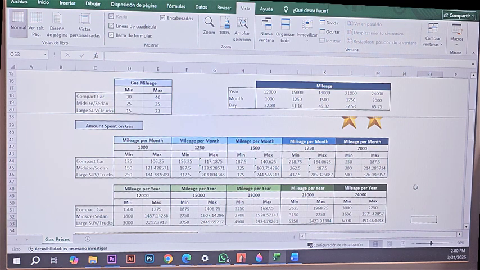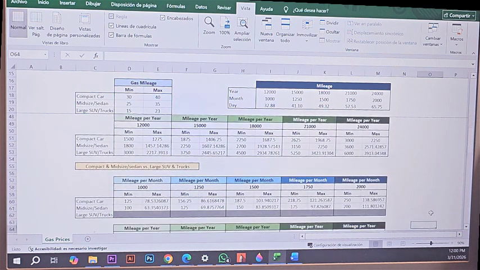And this starts to add up, especially when you look at it on a yearly basis, because while the SUV is going to be spending $6,000 per year on gas to drive 24,000 miles a year, the compact car is going to be spending $3,000 on gas, and the midsize sedan is going to be spending $3,600 on gas. So that's where the gas mileage kicks in. You want better gas mileage to be able to go fewer times to the gas station, to spend less money on gas, and this starts to add up.